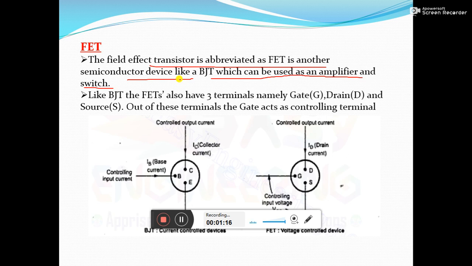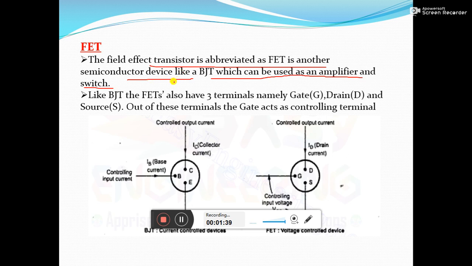However, the switching speed of FET is somewhat slower compared to that of BJT. So in high speed switching applications, we will be using BJT instead of FET.